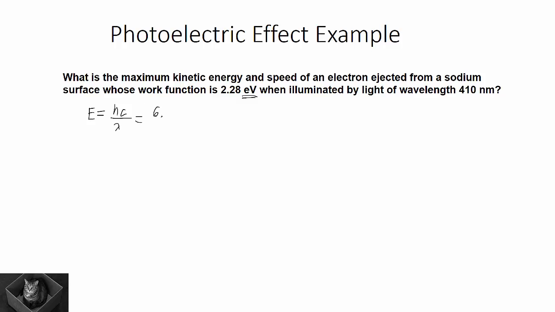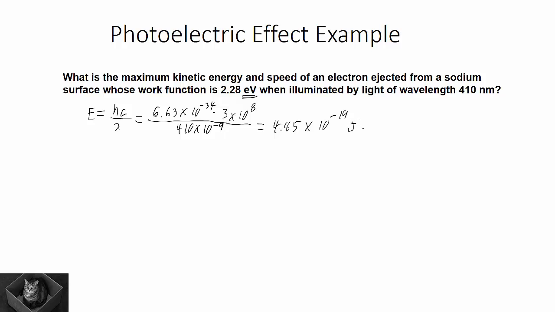So h was 6.63 times 10 to the negative 34th. c was 3 times 10 to the 8th. And then we're going to divide. You always want this to be in meters, so that's 410 times 10 to the negative 9th. Okay, and that works out to be 4.85 times 10 to the negative 19th joules of energy.